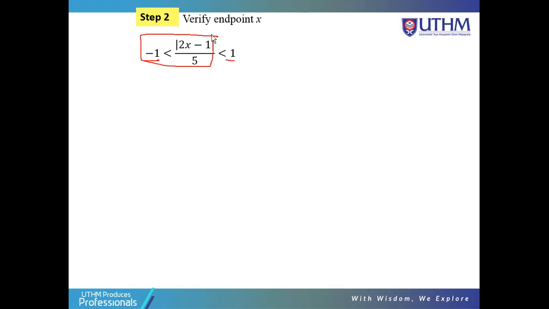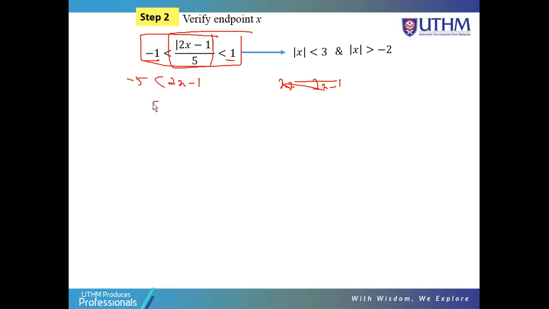Same as before, this one you bring here 1, and the second one you solve here. So 2x minus 1 less than negative 5. 2x less than negative 4. So x larger than negative 4 divided by 2, so x larger than negative 2.